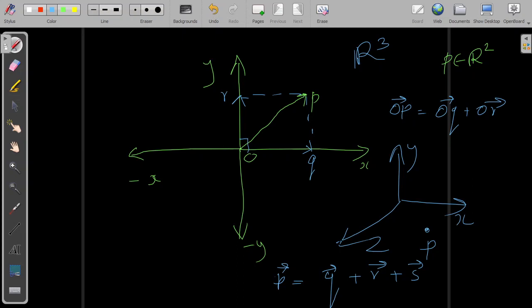This concept can be extended to any dimension.